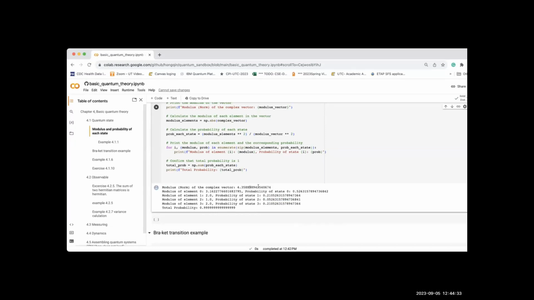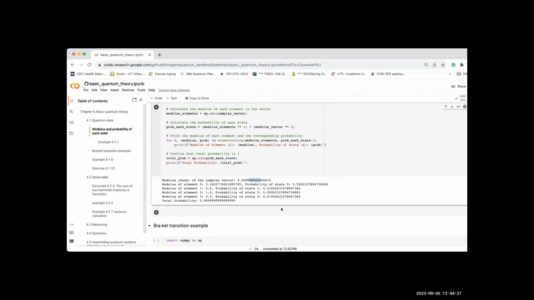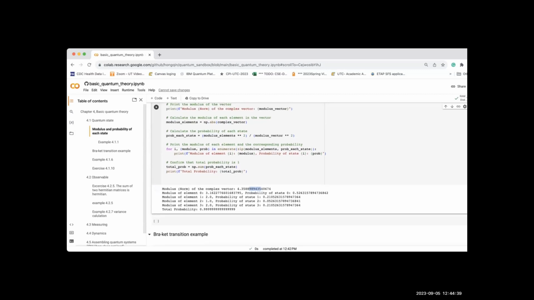Yeah, the book rounds up the number. The book then gives you a few more exercises. I guess you can write Python code just to see whether those are correct or not.